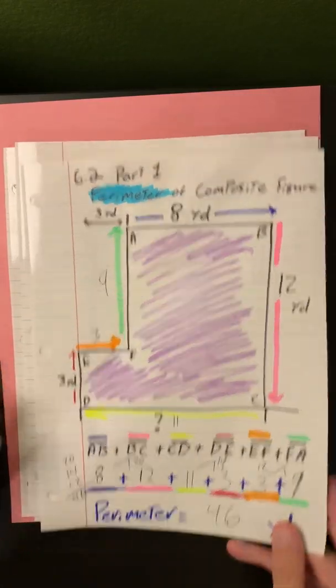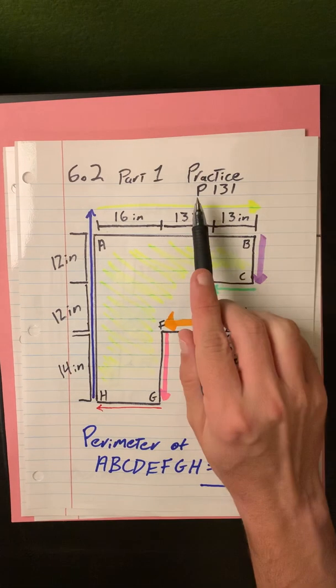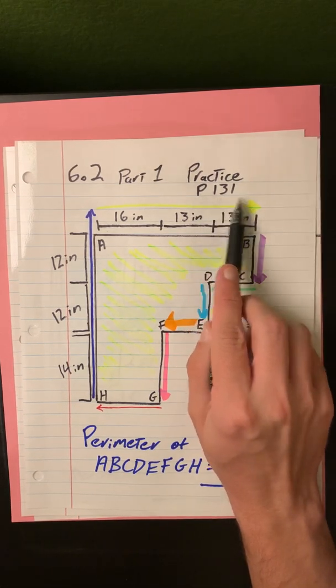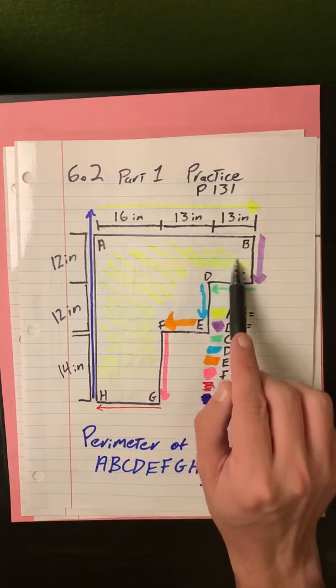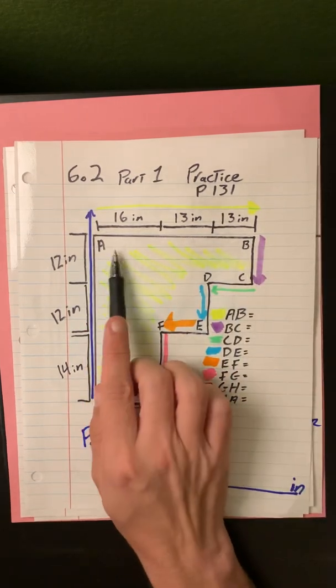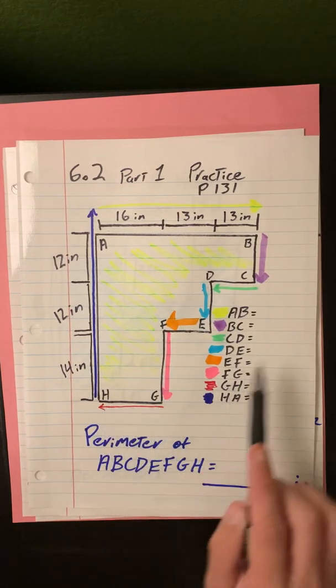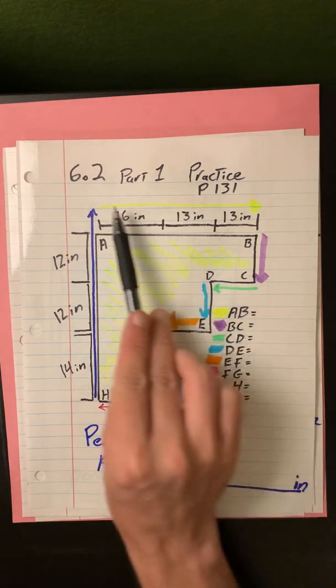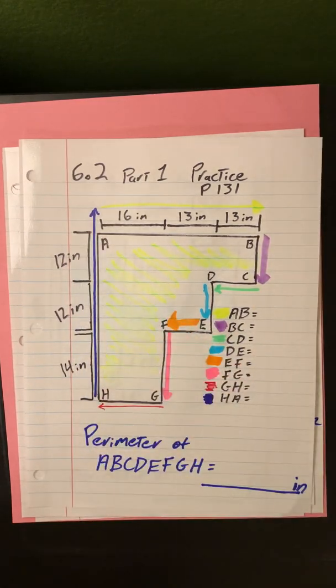Okay? So now I want you to practice, and it might be easier to do this in the math workbook. This can be found on page 131 of your math workbook. But I have kind of the sideways staircase shape A, B, C, D, E, F, G, H. And I want you to figure out what the total perimeter around the whole length of this would be.